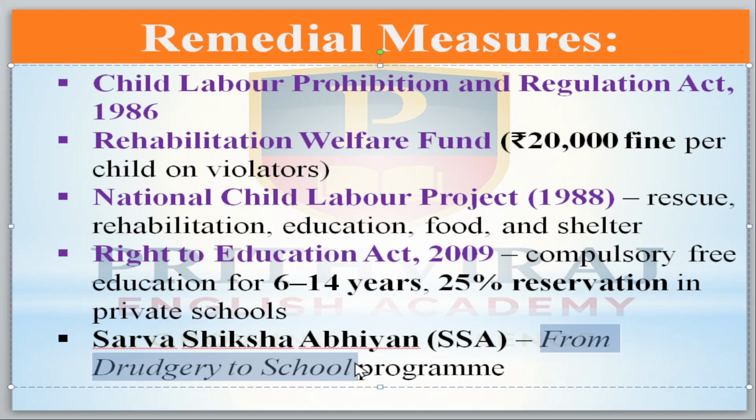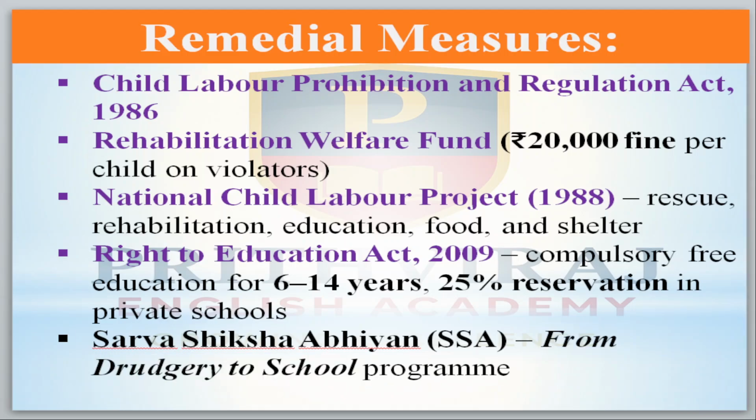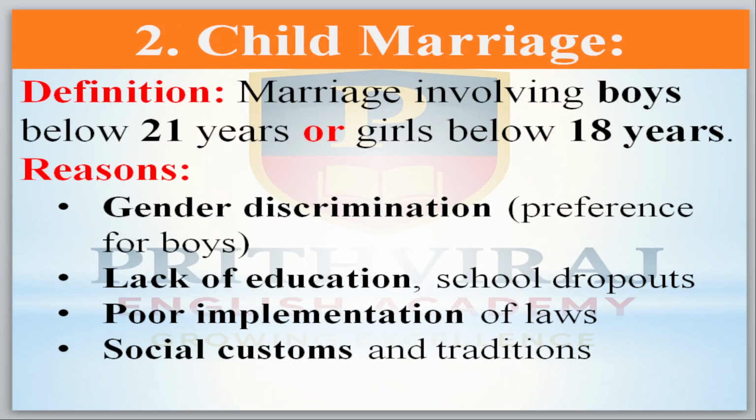Now come to the second one, child marriage. Definition: marriage involving boys below 21 years and girls below 18 years is called child marriage. Reasons are gender discrimination, especially preference given to boys, lack of education, school dropouts, poor implementation of laws, and social customs and traditions in society. These are the main causes.